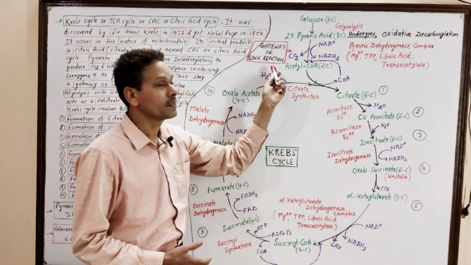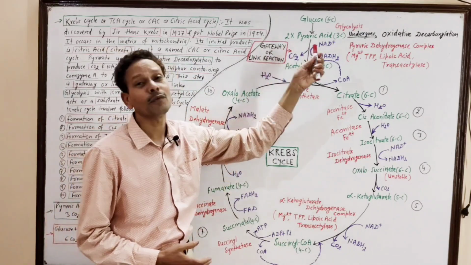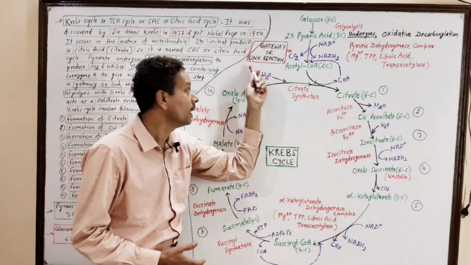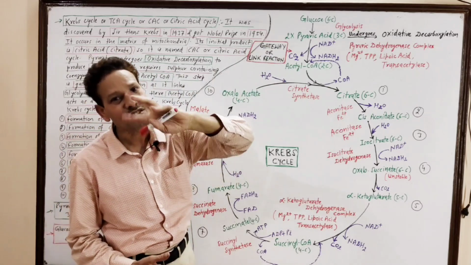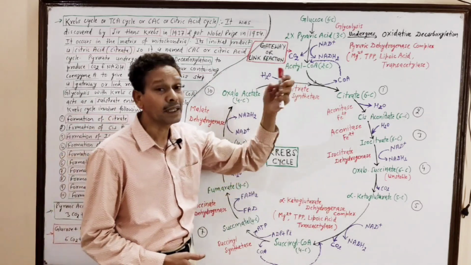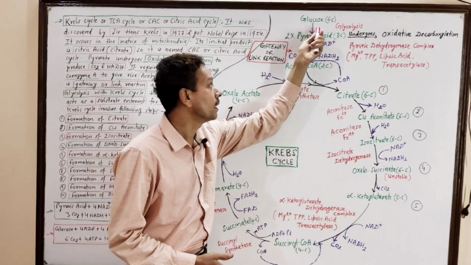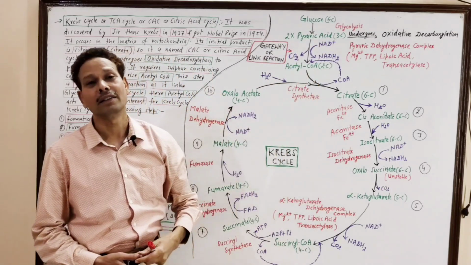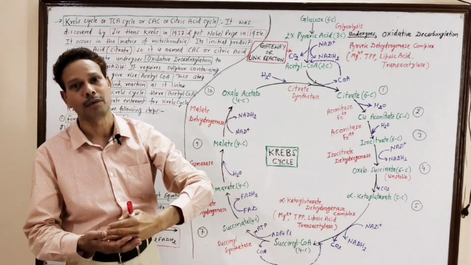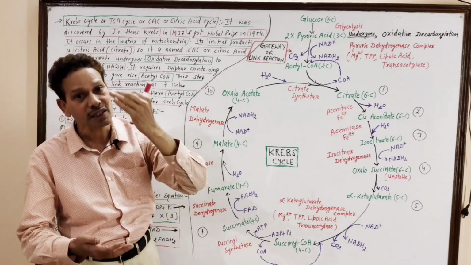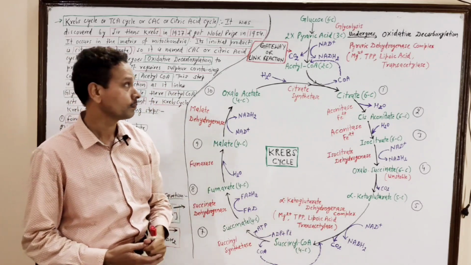And this step is named the gateway step, the link reaction, or the transitional reaction, because it is a link between glycolysis and Krebs cycle. That's why it is a gateway step, a link reaction, or a transitional reaction.